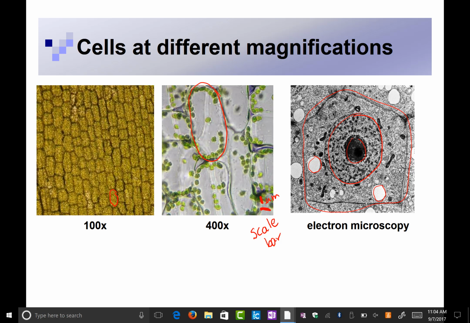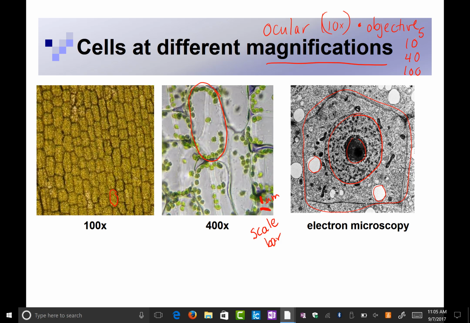You always want to report your magnifications, right? So if you're looking at stuff in the lab, make sure you remember the magnification, which with a light microscope is the ocular, which is usually 10x, times the objective, which you will probably be using either a 5, 10, 40, 100.